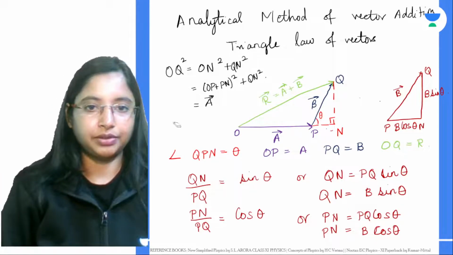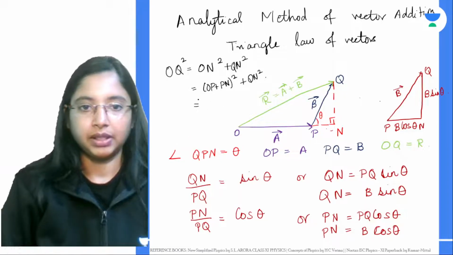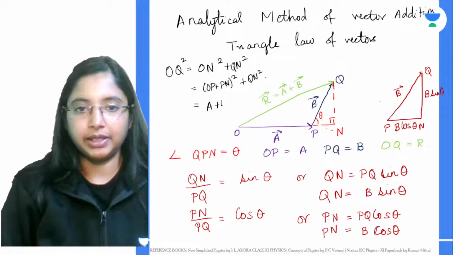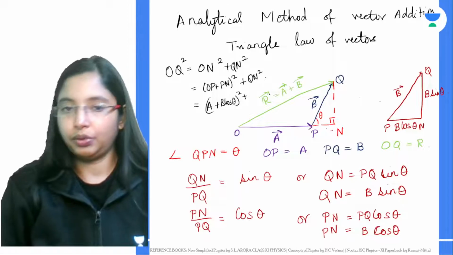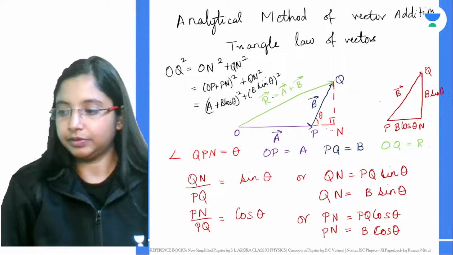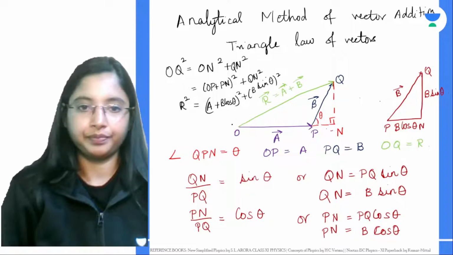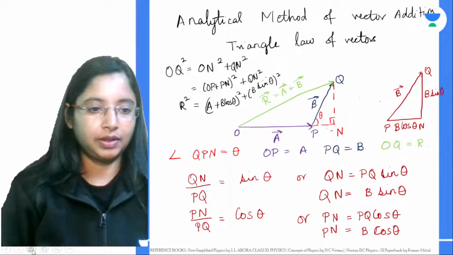So this is A plus B cos theta, the whole square, plus QN, which will be B sin theta, the whole square, right? Now OQ is given by R vector, which is R square. I'll just solve this separately.